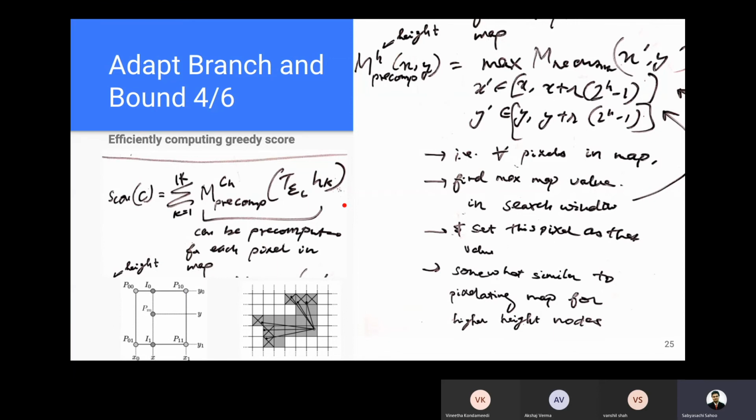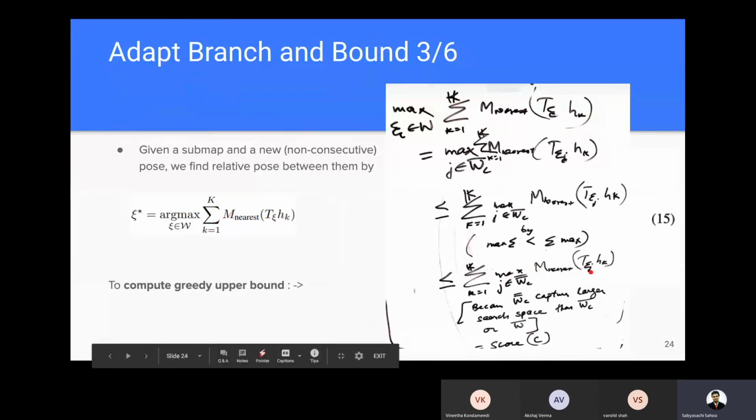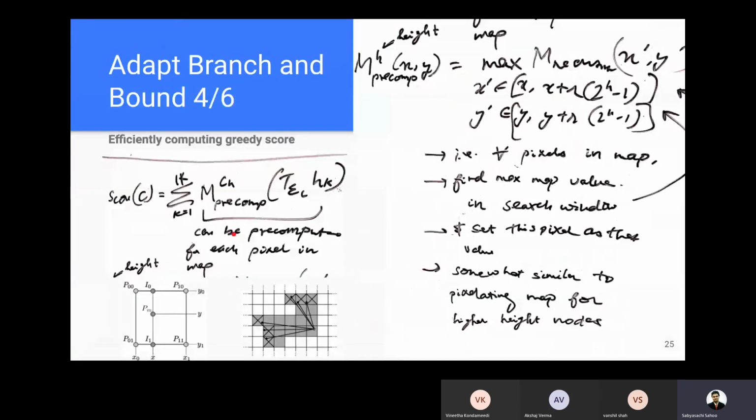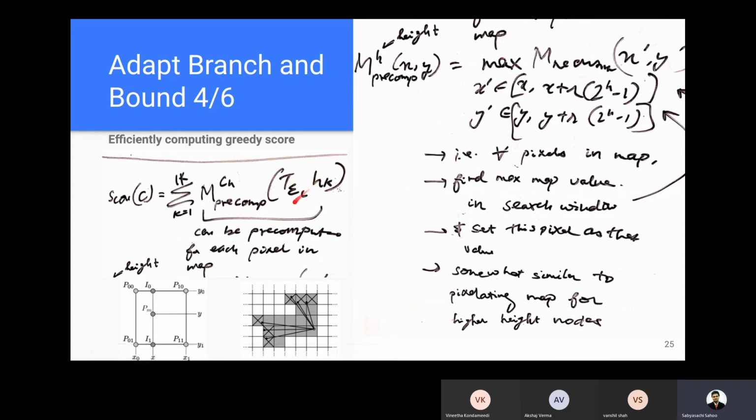Okay, so I'll just read through this and then I'll explain. Essentially, this m nearest the epsilon hk becomes m_h pre-comp. Pre-comp can be kept pre-computed for each pixel in the map. So each pixel, that is your occupancy grid in the map, and at different heights you can have different pre-computations.